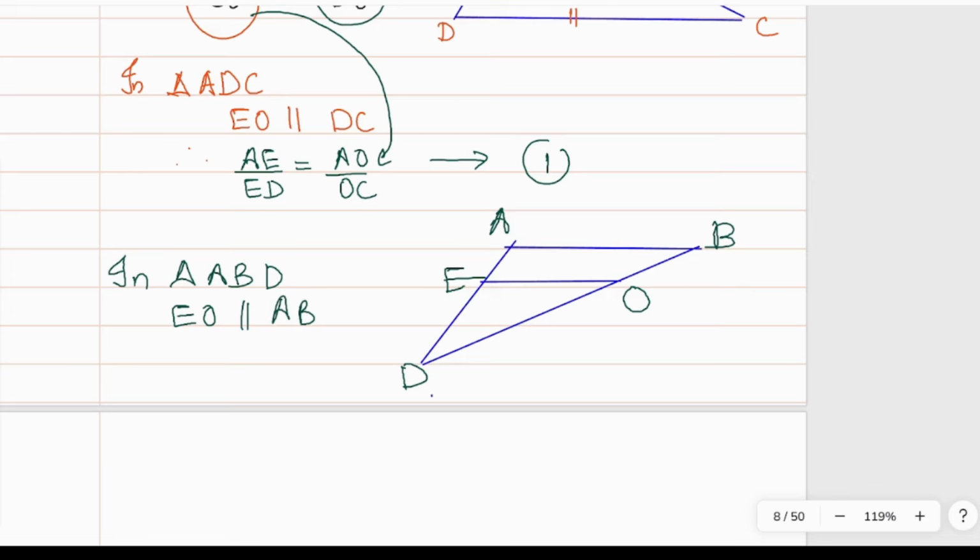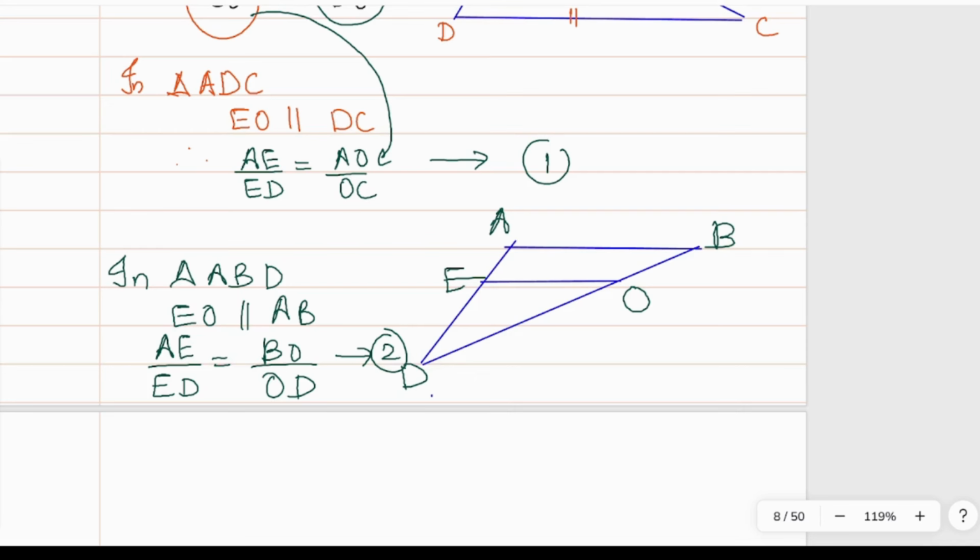If EO is parallel to AB, again I can write AE divided by ED equal to BO by OD. And for this one, I will give the equation number 2. Clear?